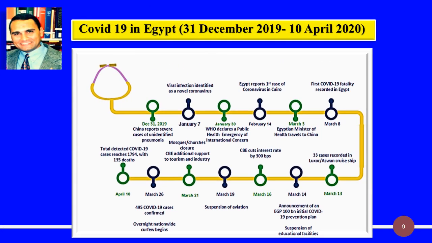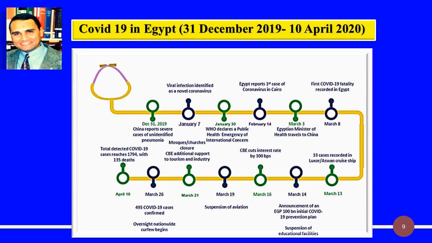Descriptive epidemiology of COVID-19 in Egypt from the date of 31 December 2019 up to 10 April. On December 31, 2019, China reports severe cases of unidentified pneumonia. On the 7th of January, the viral infection is identified as a novel coronavirus.